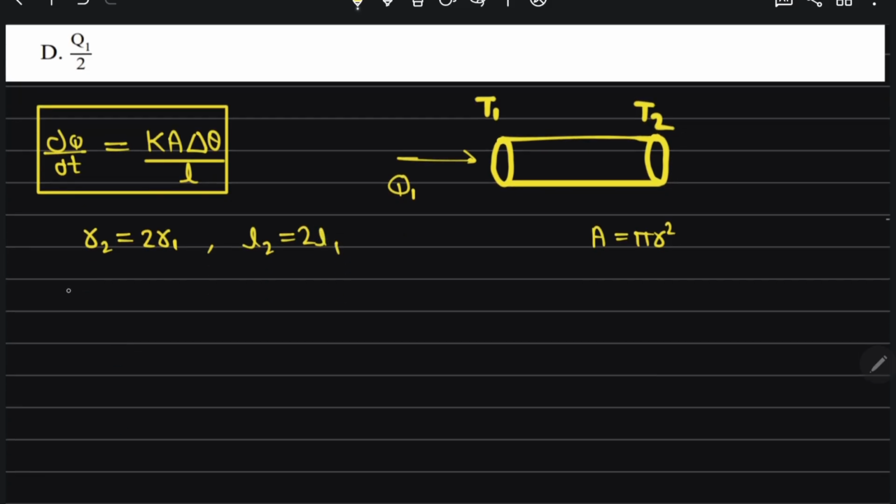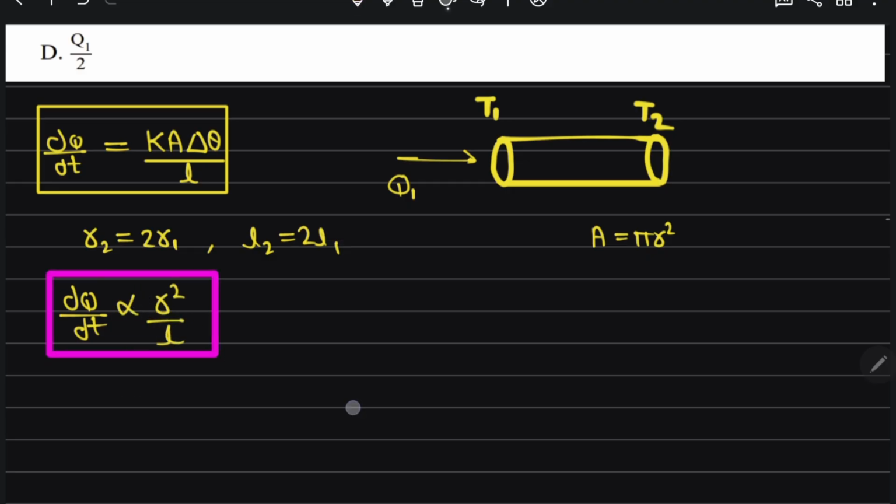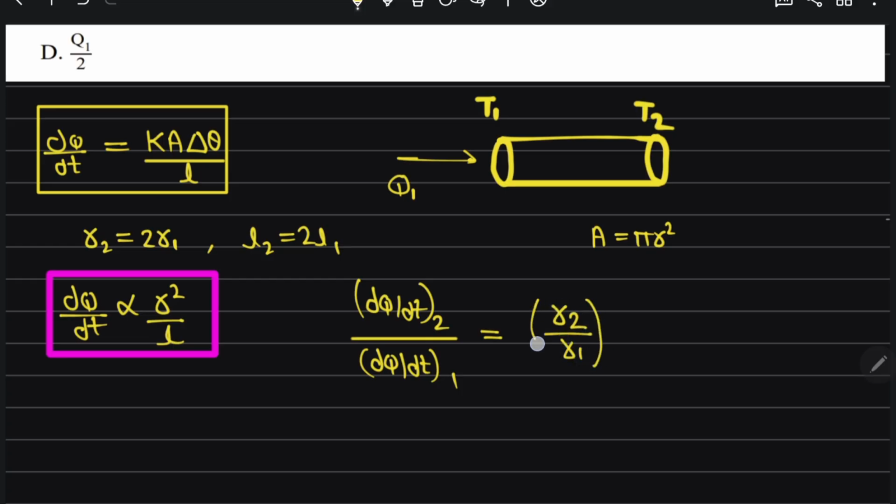So we can say that the rate of flow of heat is directly proportional to radius square and inversely proportional to length. So dQ by dt for the second is equal to dQ by dt for the first into R2 by R1 whole square into L1 by L2.